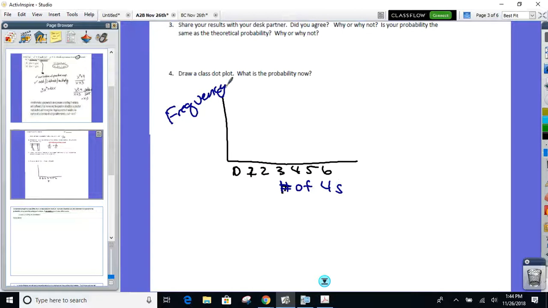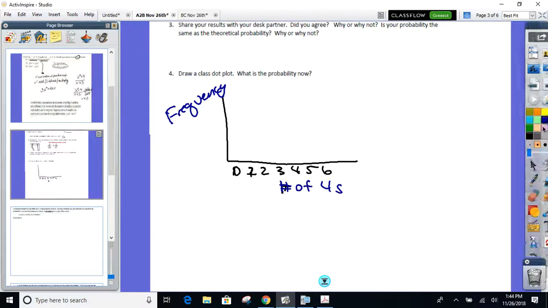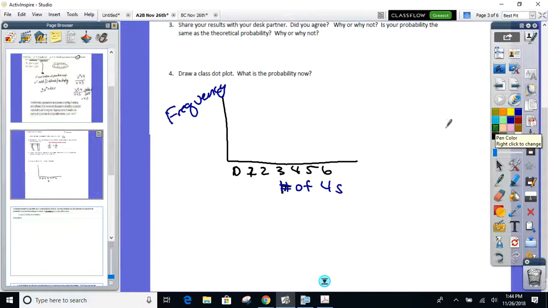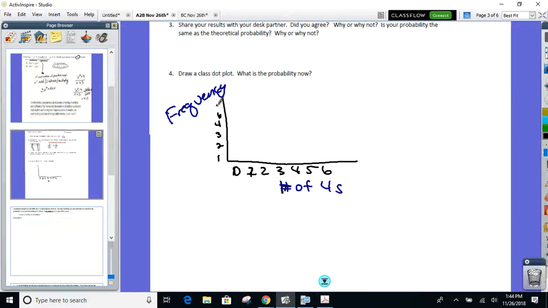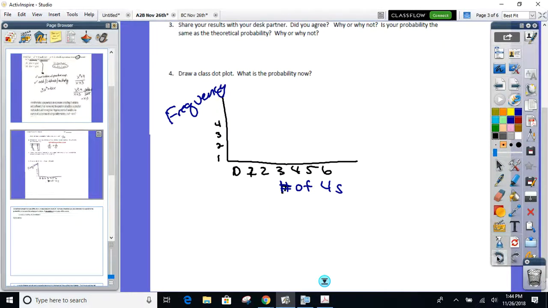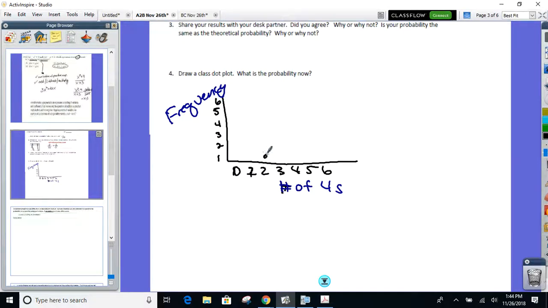So for me, what was mine again? I don't even remember. 2, thank you. So all I'm going to do is, oh, shoot, sorry guys. 2, 3, 4, 5, 6, 7. Okay, so 2 came up for me. Let's go around here. Oh, nice. Let's go. Just start spouting them out for me.